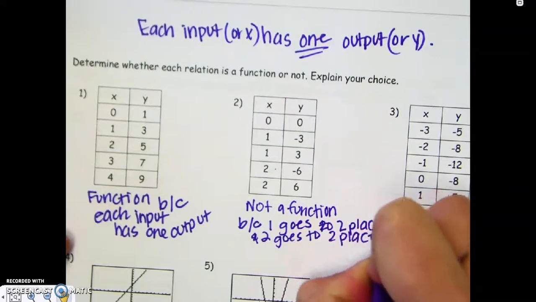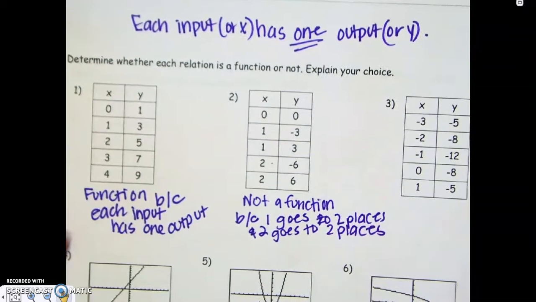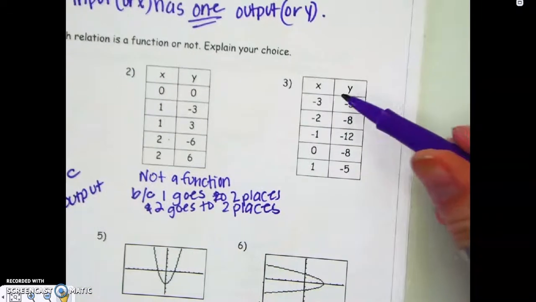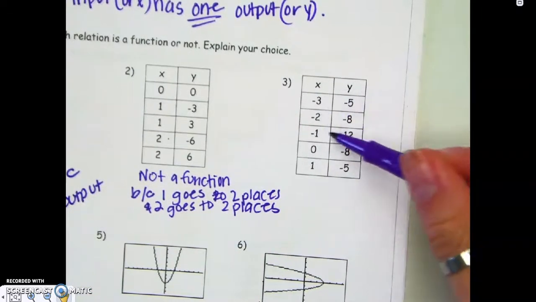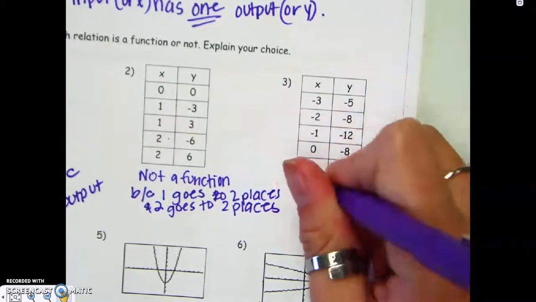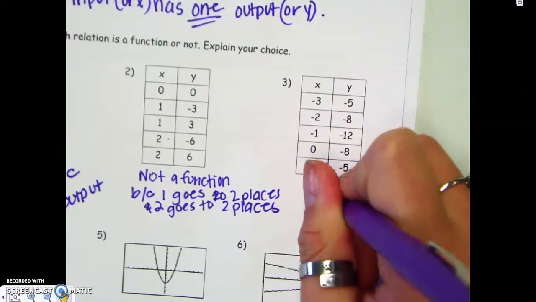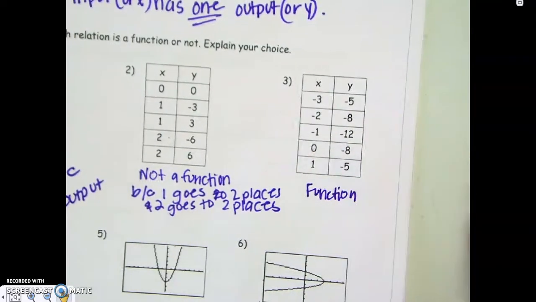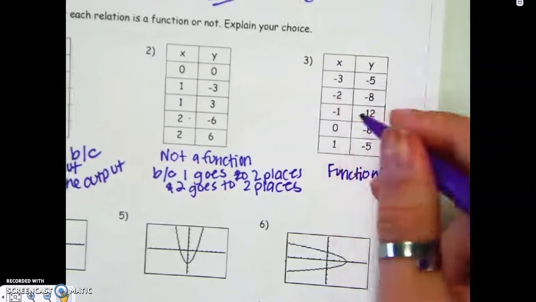So they both have different outputs for the same input. Okay, and if I go here, it looks like each number has one output, so this is also a function. All right, so that's tables. If you're looking at tables.